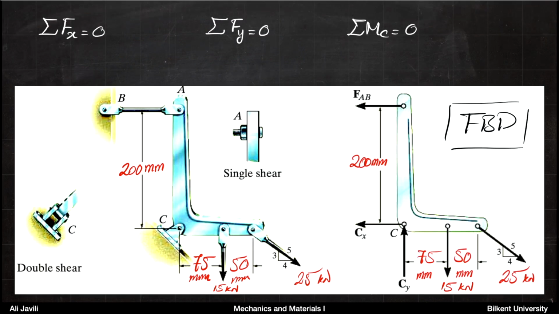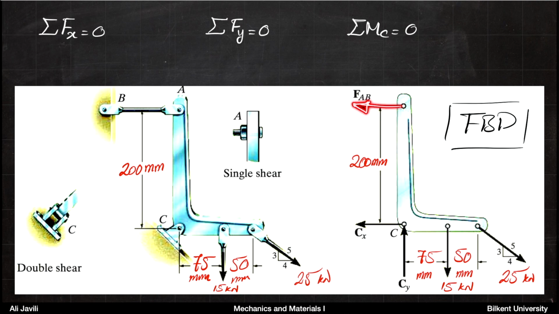Similar to our previous problems, we begin with the free body diagram. For the system, you have two reactions from the supports at C and one reaction from the support at A. At A, you have force FAB.